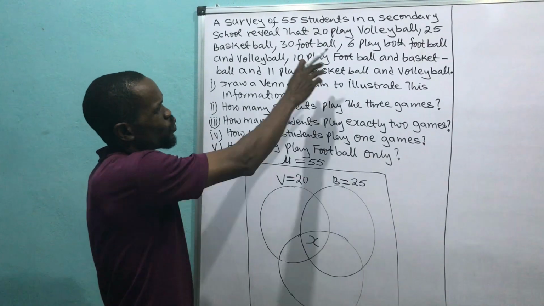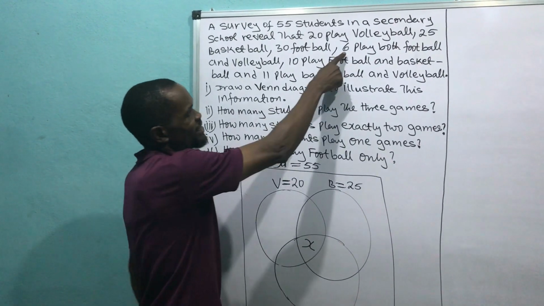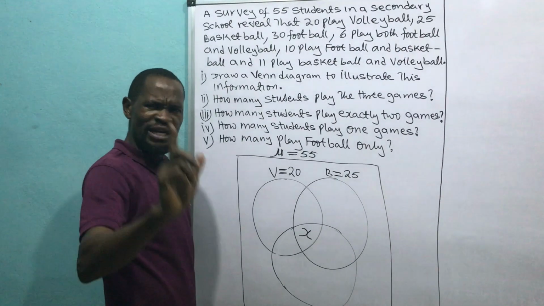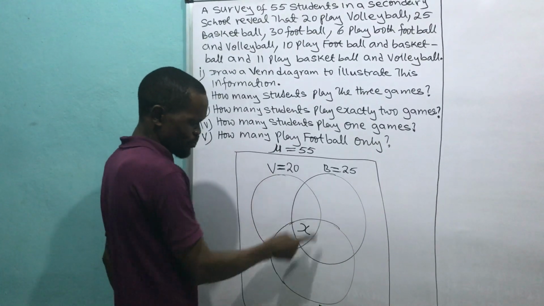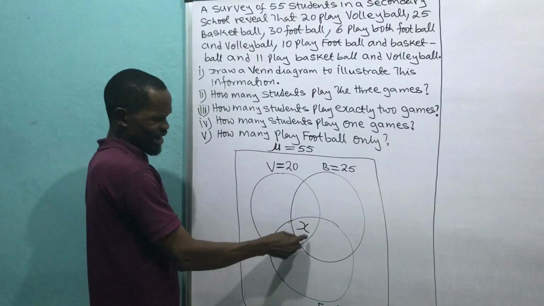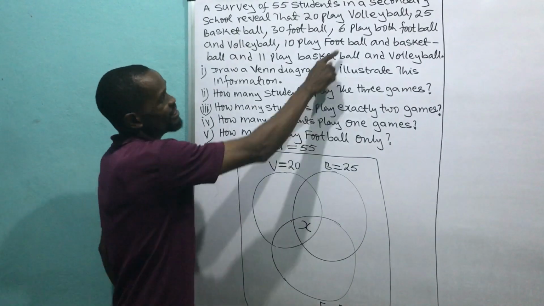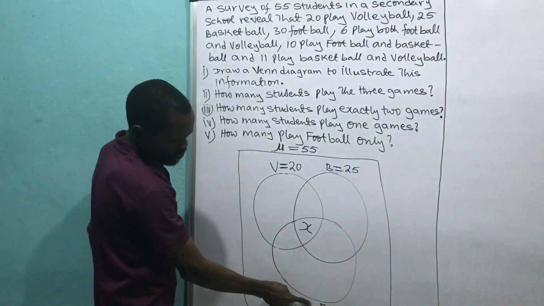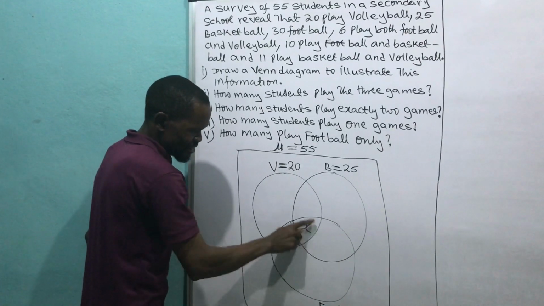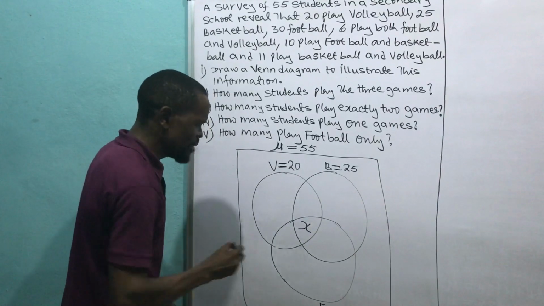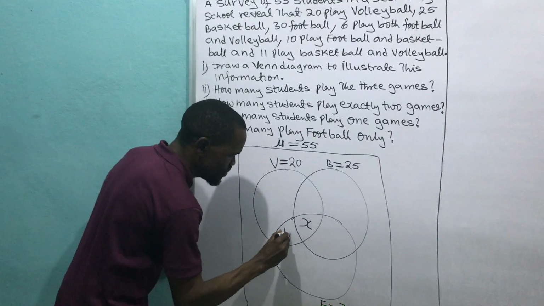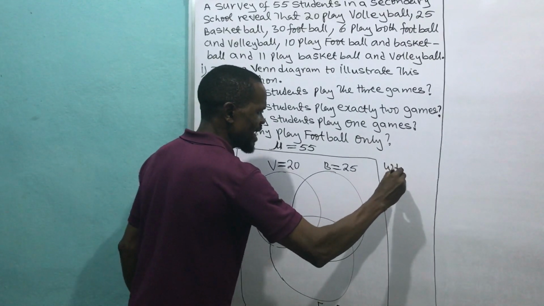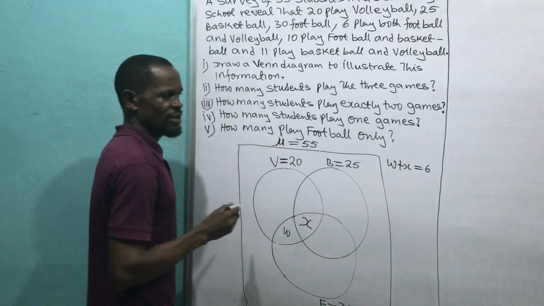Now I'll go back to their statement. They said 6 play both football and volleyball, no only statement. Football and volleyball. So what they are trying to tell me is that, assuming I put this place to be W, W plus X is equal to 6.